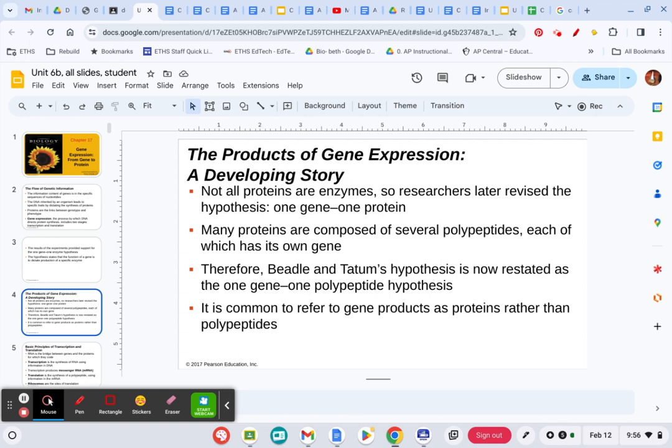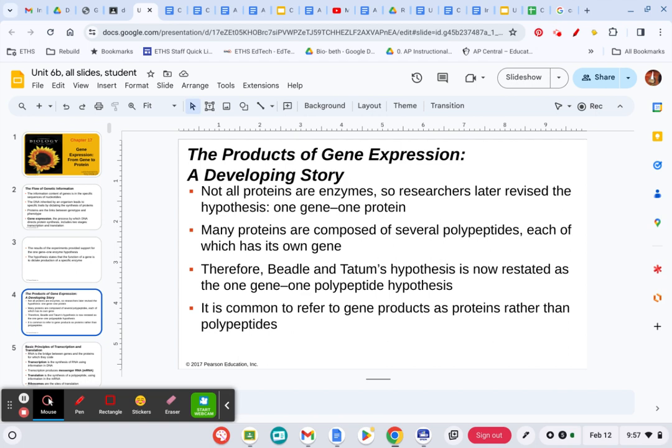Remember we had primary, secondary, tertiary, and quaternary structure for proteins. So we had first level, second, third, and then some of them had a fourth if you had more than one chain. So we now know that those chains often have their own gene.